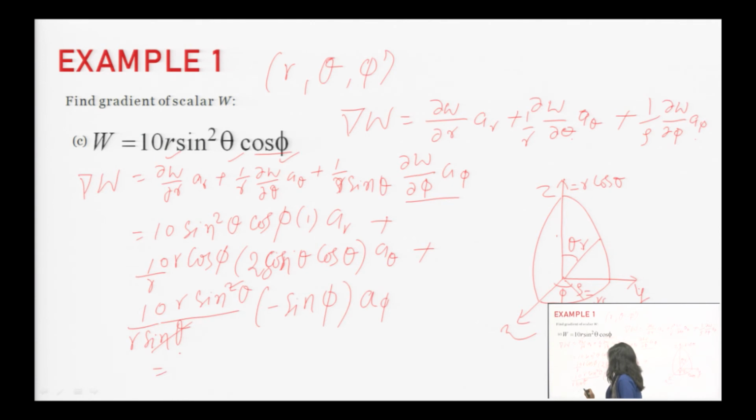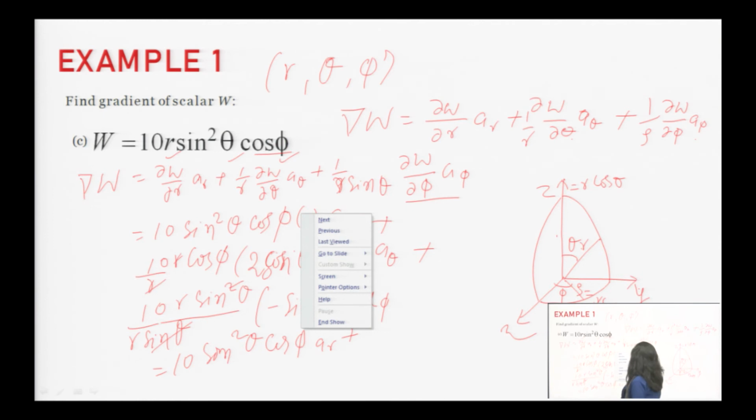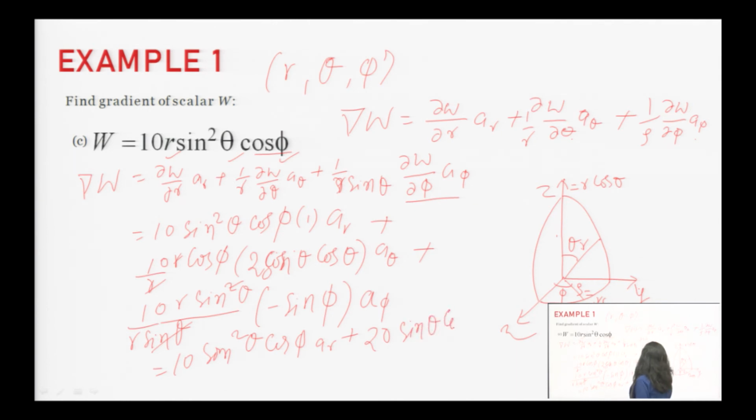We can write it as 10 sin square theta cos phi ar plus, r and r will cancel out, then it will be 2 multiplied by 10, 20 sin theta cos theta and cos phi a theta plus.